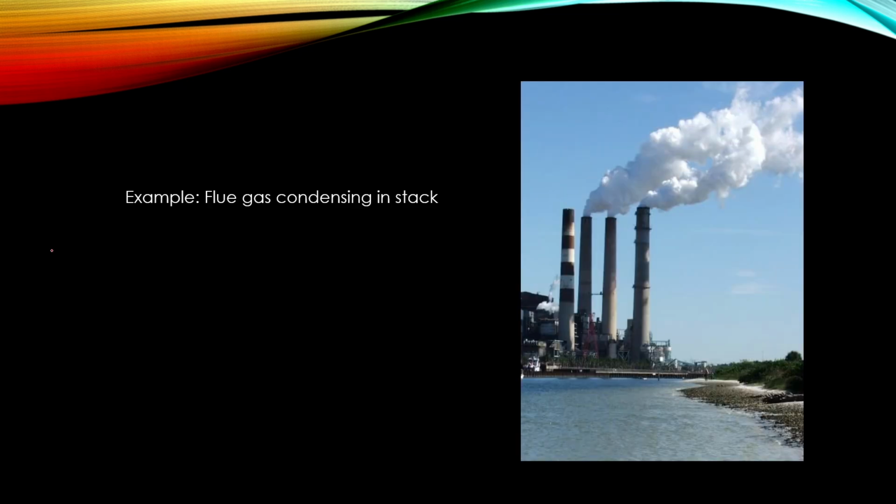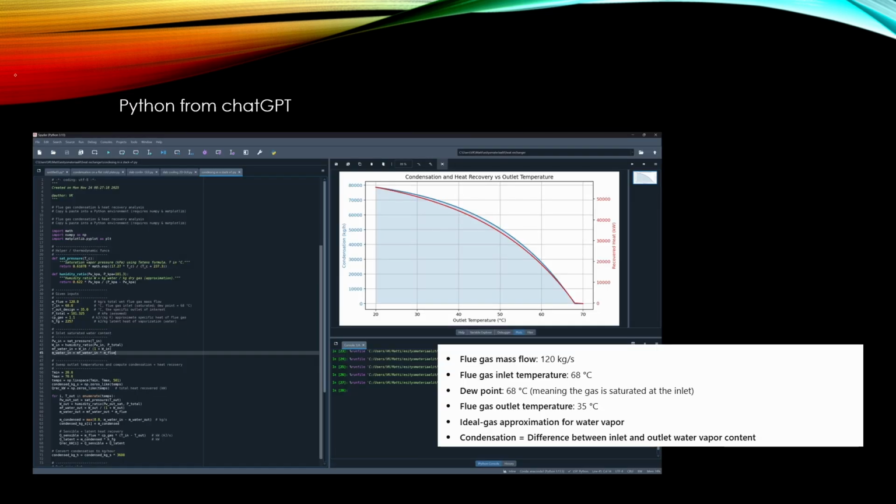Here we have another example. This is flue gas condensing in a stack, and also in this case I asked for the Python code from ChatGPT, and I calculated a case in which flue gas mass flow was 120 kilograms per second.